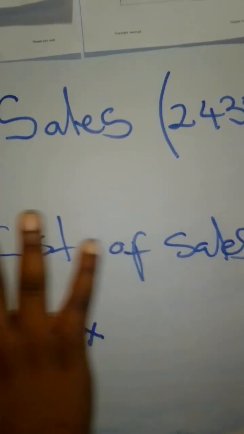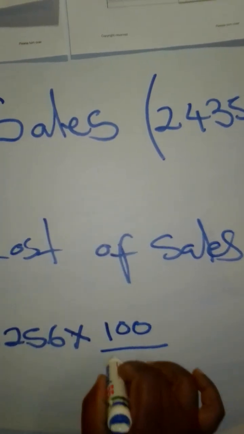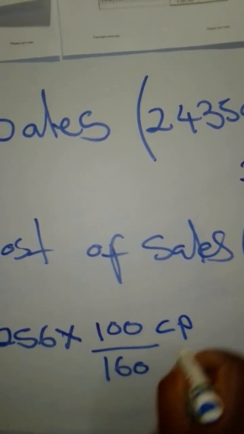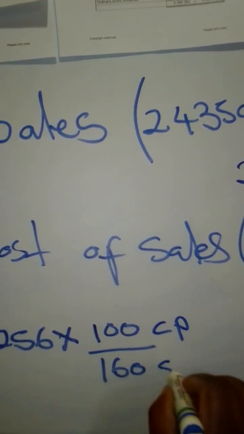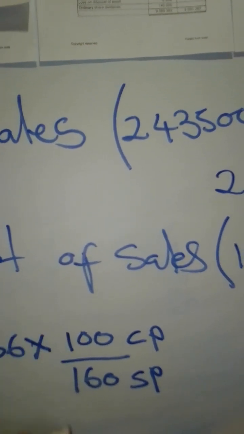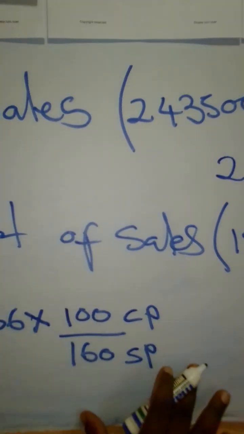Cost price is always 100%. So we are going to say 100 over 160, which is the selling price. This is the cost price percentage over the selling price percentage times the selling price. So this is our formula: selling price times cost price percentage over the selling price percentage.